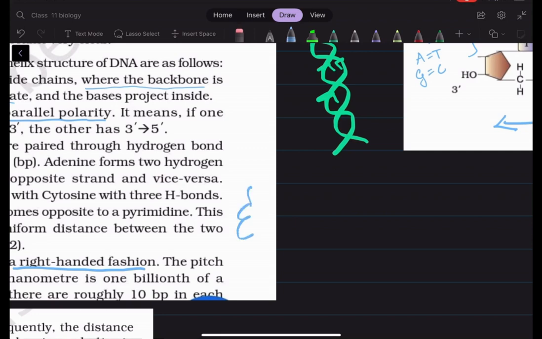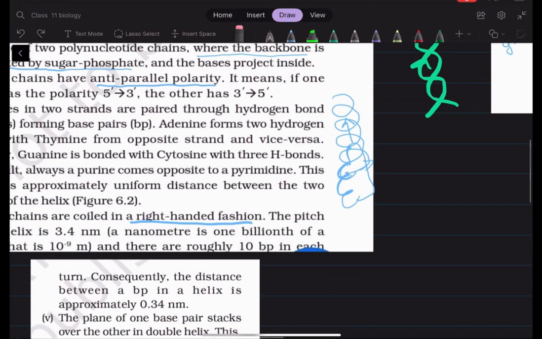If this is your thumb like this, this is the direction of the axis of the DNA, and your fingers are folded like this. This will be the direction of coiling of the DNA. That is what right-handed fashion means.